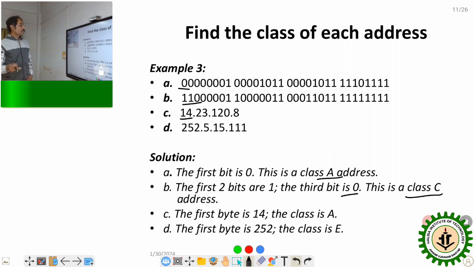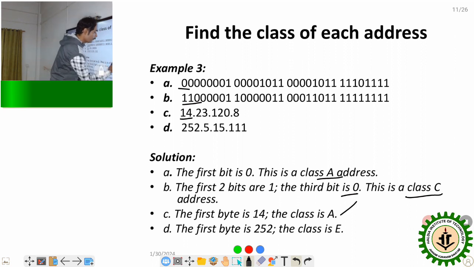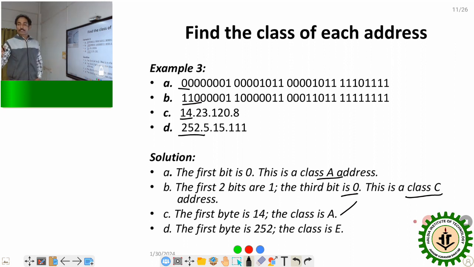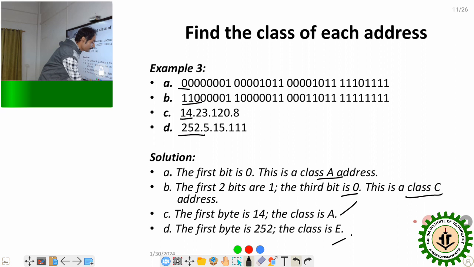For class A it is 0 to 127, so 14 is in that range, so definitely it belongs to class A. And you follow, that range we know, from 240 to 255, so that range belongs to class E, and that is the result. It is quite easy if we know the ranges.